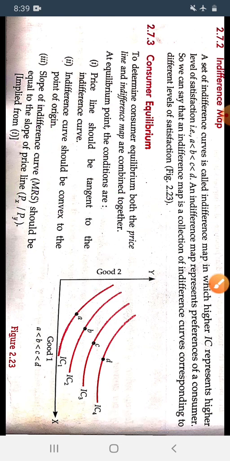Okay, it is called the indifference map.